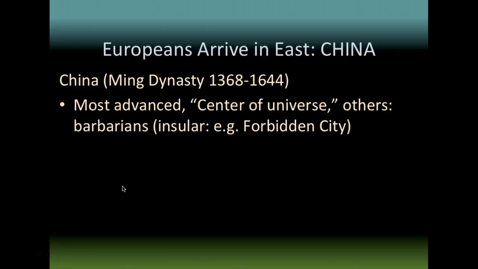They are very insular, meaning protective. They create borders around themselves, literally the Great Wall of China, to protect from the Mongols up north. And they don't really travel into the wild, wild west, in the western region of China and beyond. And they create things like the Forbidden City to protect their most precious nobility and their ideas from anyone, including other Chinese people.